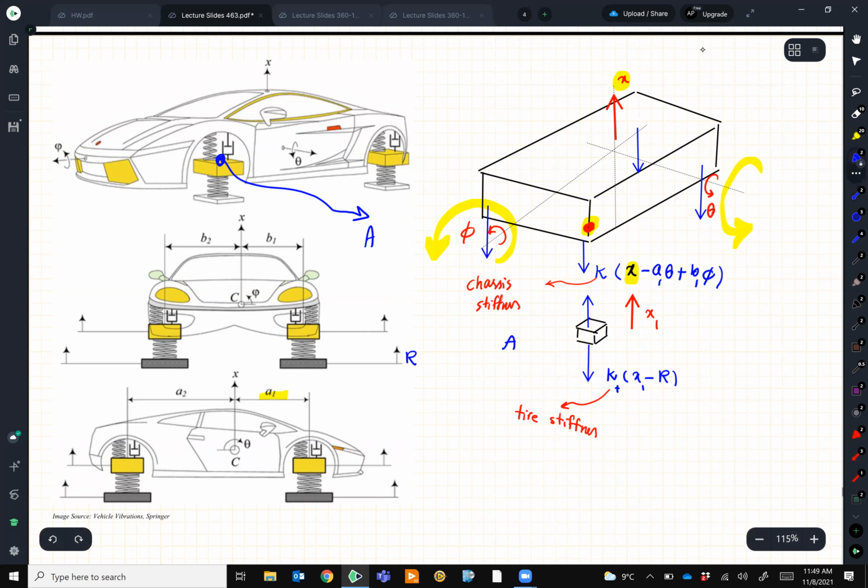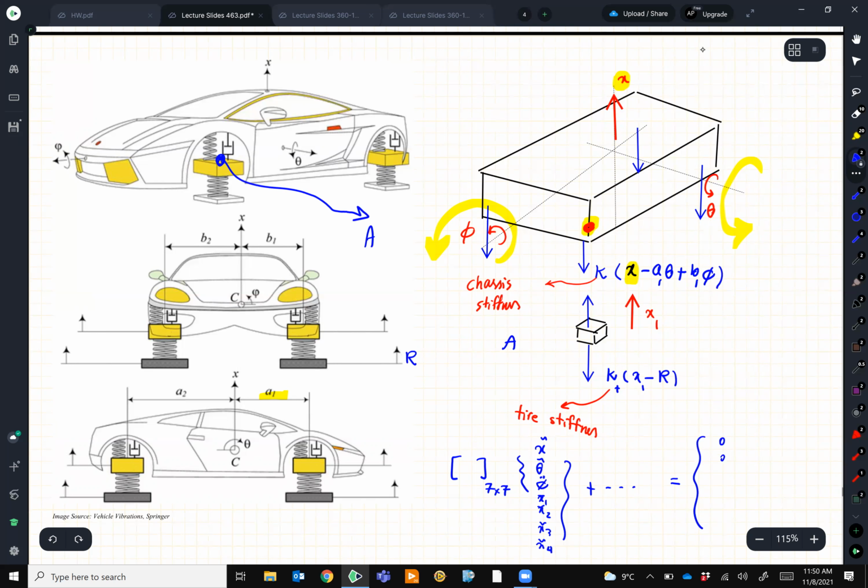So you're going to end up with 7x7 matrices. And here you are going to have X double dot, theta double dot, phi double dot, X1 double dot, X2 double dot, X3 double dot, and X4 double dot. The same for the damping. And then you have your external forces.